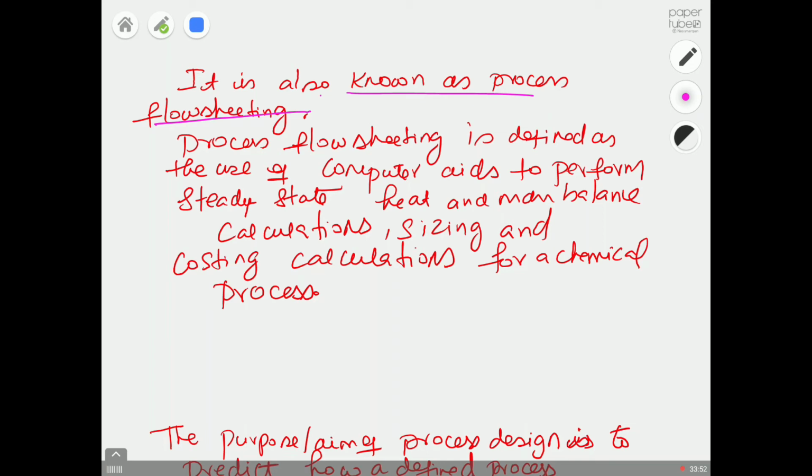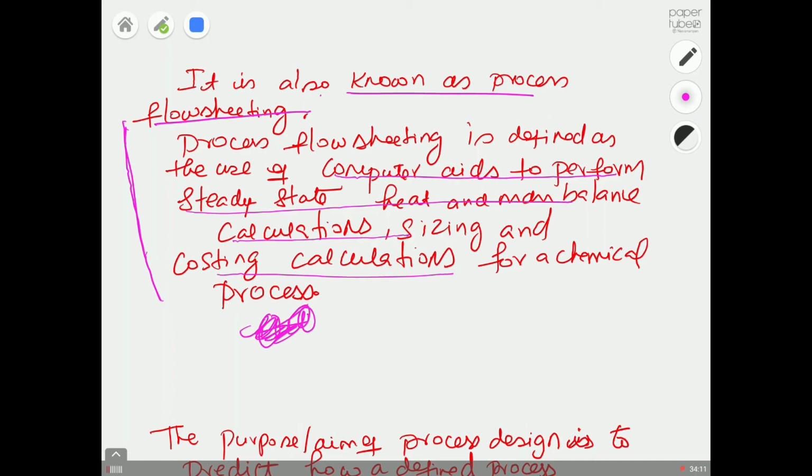We are going to use some computer aids to perform steady state heat and mass balance calculations, sizing and costing calculations for a chemical process, or maybe for a full plant. We will come back to that later.